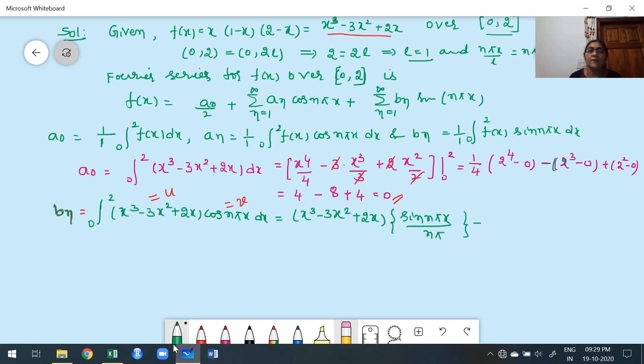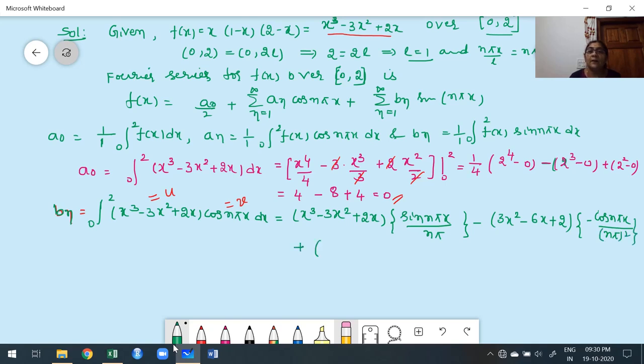Minus the differentiation of x cube minus 3x square plus 2x, which is 3x square minus 2x times 3, that is 6x, plus 2, into again integrating. What is the integration of sine? Minus cos of n pi x divided by n pi, so we get n pi whole square.